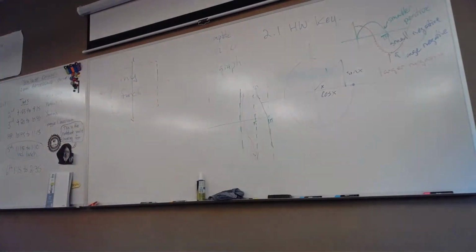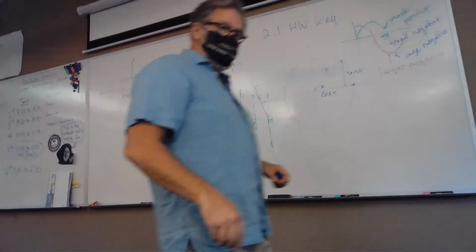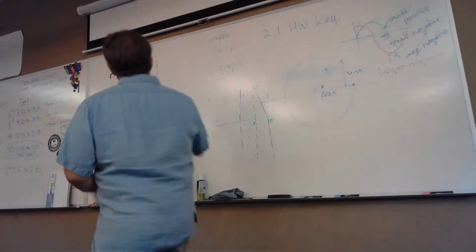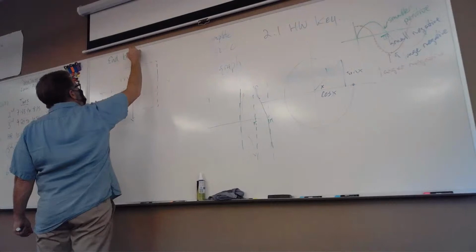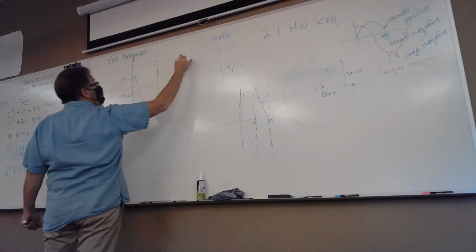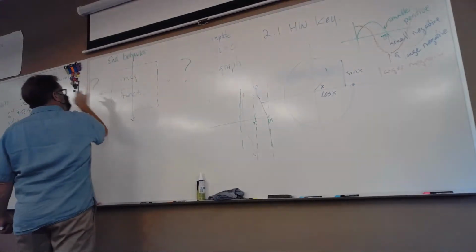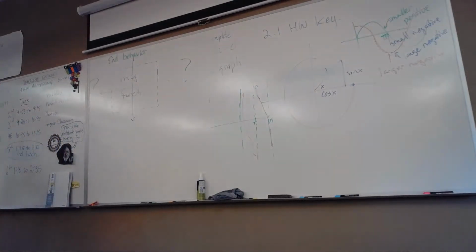I don't know what it looks like right now. Don't care what it looks like right now. The question on end behavior models is, what does it do out there?